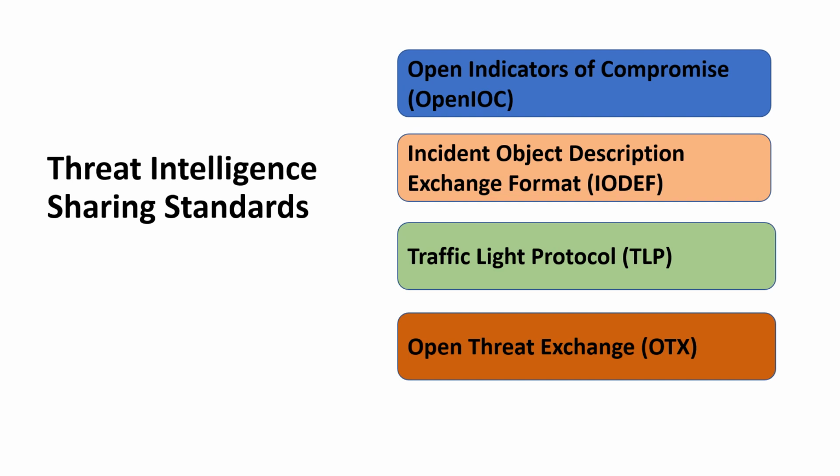The traffic light protocol is a system for classifying sensitive information created in the early 2000s by the UK government's National Infrastructure Security Coordination Centre to encourage greater sharing of sensitive information. Open Threat Exchange, OTX, is a threat data platform that allows security researchers and threat data producers to share research and investigate new threats.